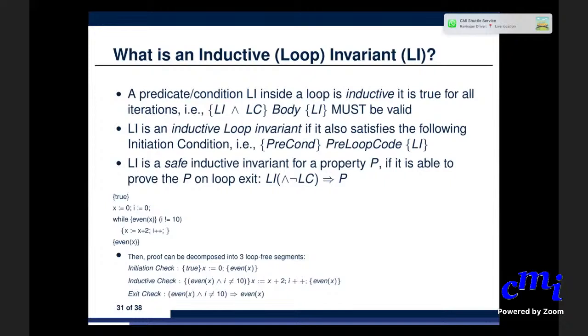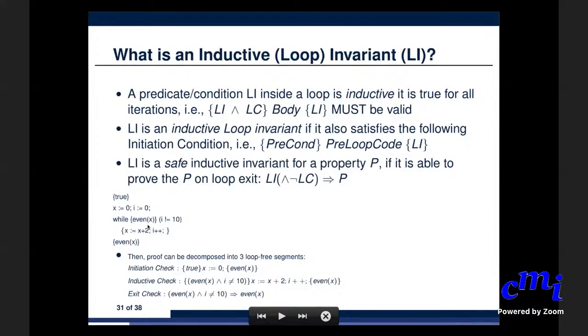Now, first to illustrate what such a loop invariant means, consider the loop program here. A simple while. I execute this loop as long as i is not equal to 10. And every time in the body of the loop, I'm incrementing x by 2, and I'm incrementing i.